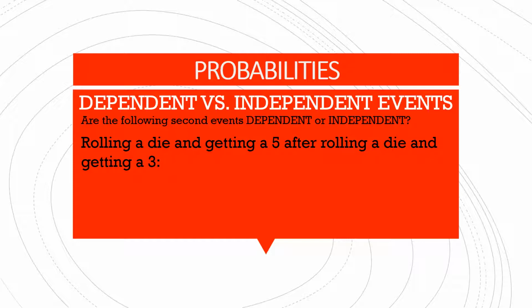Let's do some examples. One is rolling a die and getting a 5 after rolling a die and getting a 3. Is this a dependent or an independent event? Well, the first thing you do is you roll a die and get a 3. There are 6 sides to the die, so let's make our probability fraction like we learned in the first video.